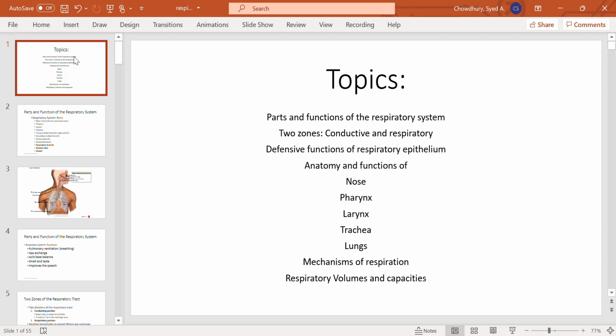And that's why the respiratory system and cardiovascular system work together to accomplish the function, right?